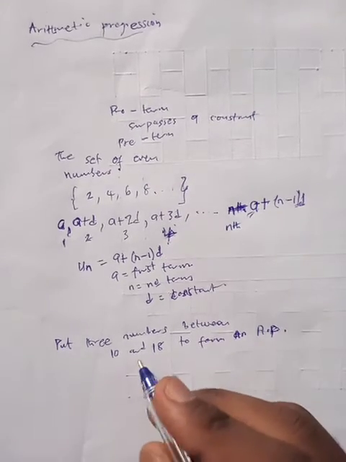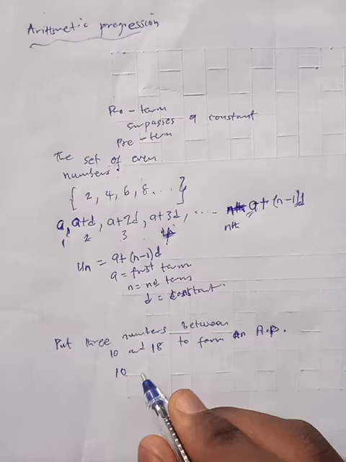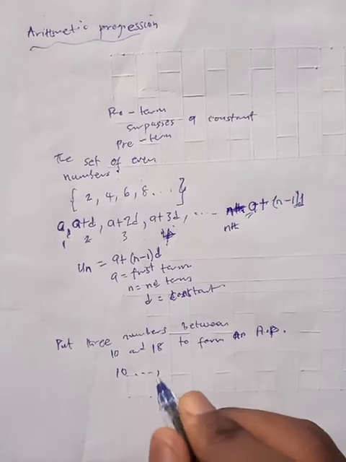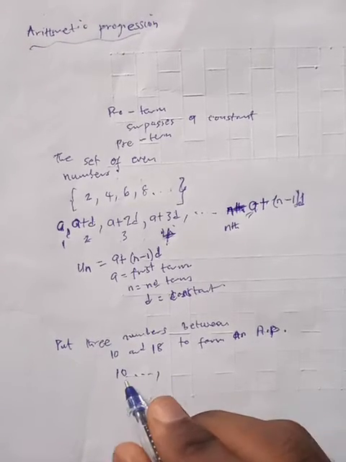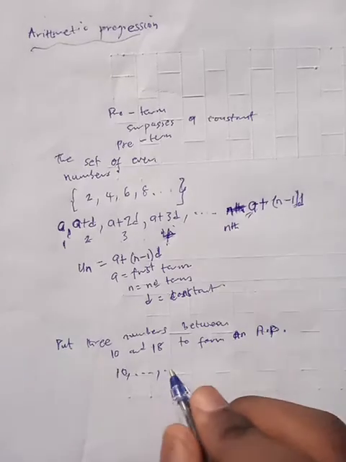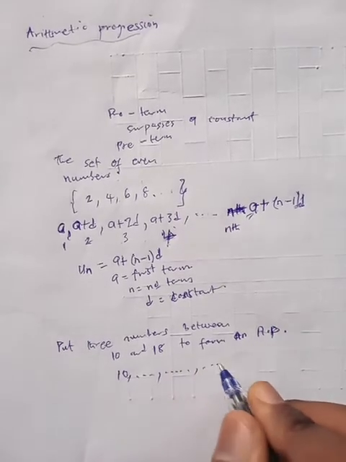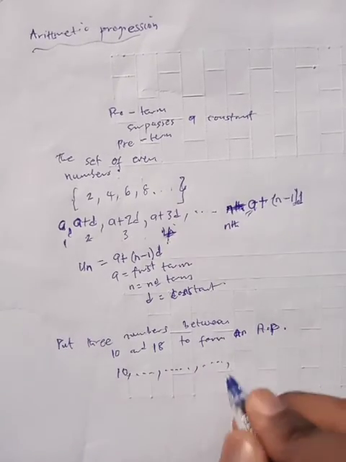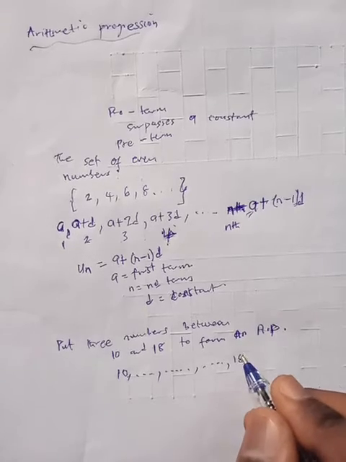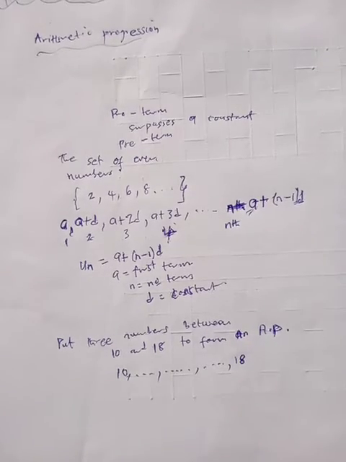So let's say 10 between 10 and 18. I'm putting three numbers between 10 and 18. This is how I will do it to form an AP.